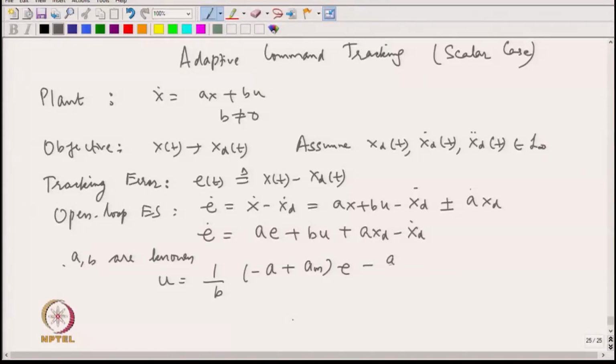So, we would use minus A over B x_d plus 1 over B x_d dot. If we use this and substitute this in our open loop error system expression, then we would get e dot is equal to A_m e, where A_m we have chosen to be less than 0.